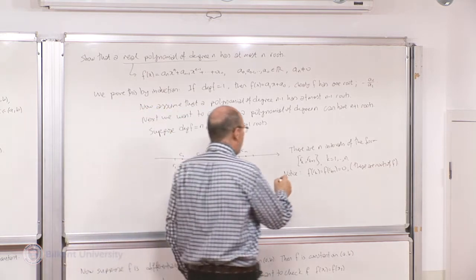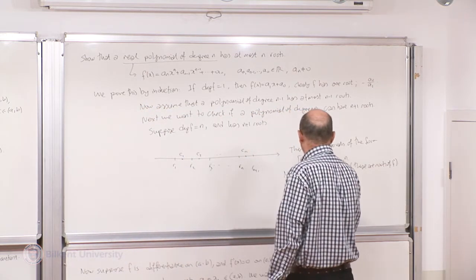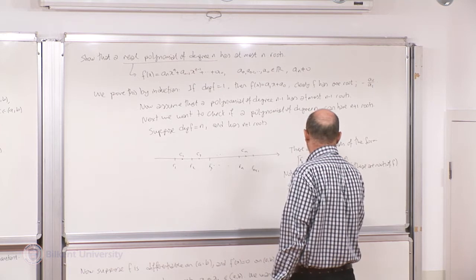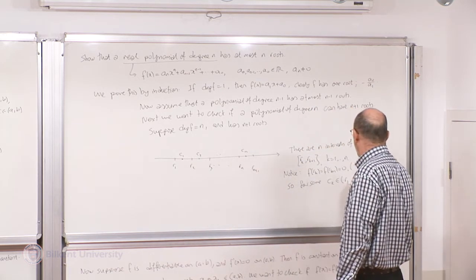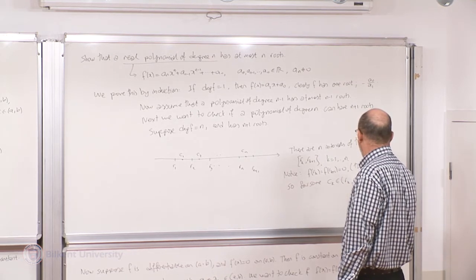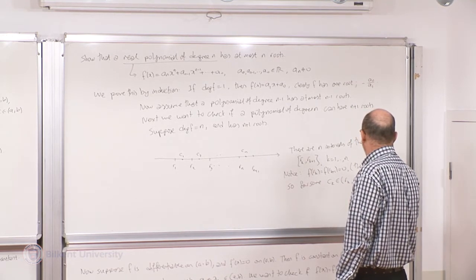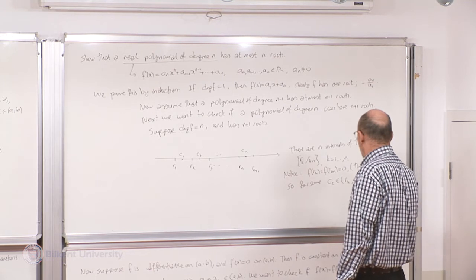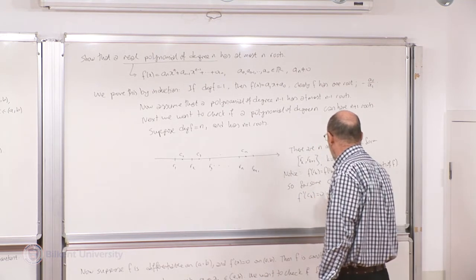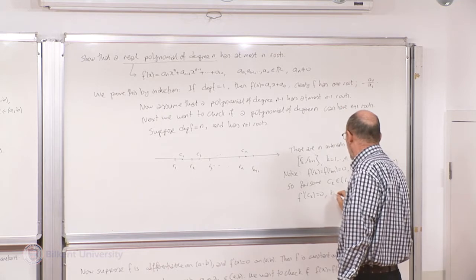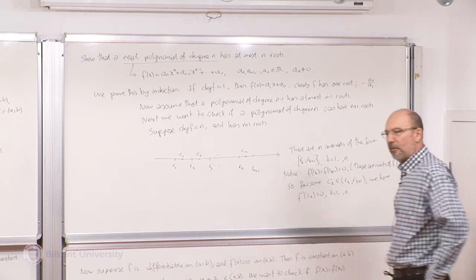So for some c_k in (r_k, r_k plus 1), we have f prime of c_k equals 0, k equals 1 to n.